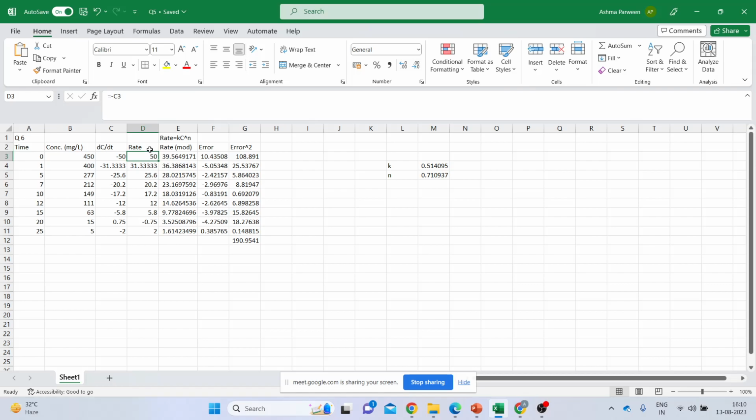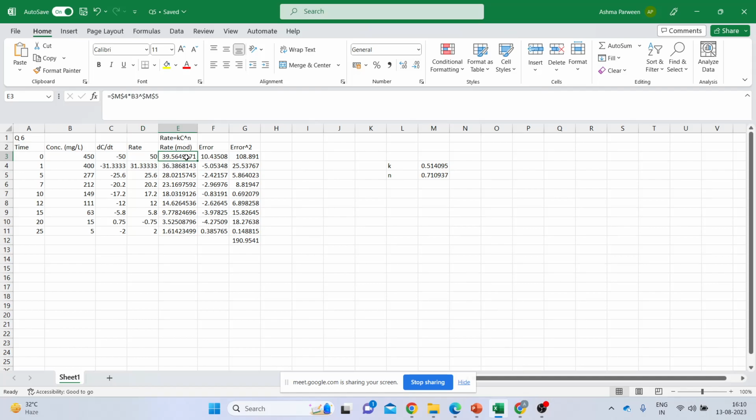The rate was K C raised to power N, so we will get it as minus dC by dt, because C is decreasing, so we get the rate by multiplying by minus 1.